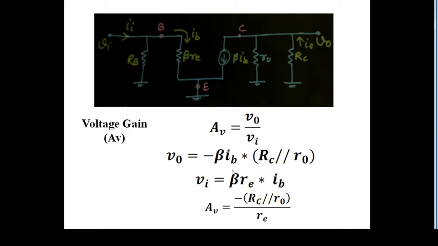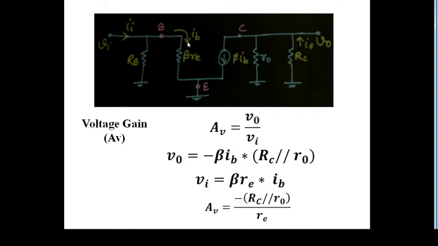I am again focusing on this one because this V naught is the total equivalent resistance into beta times of IB. V equals I into total resistance R, but I am putting a negative sign because the current will flow from negative potential to positive potential, zero potential to high potential. And this Vi, RB and beta RE are in parallel, so the voltage across RB is the same as the voltage across beta times of RE.